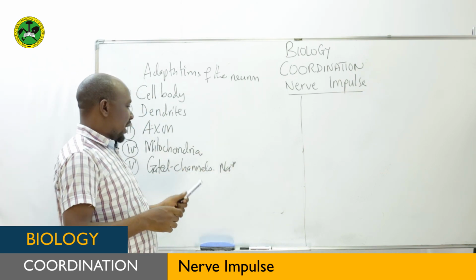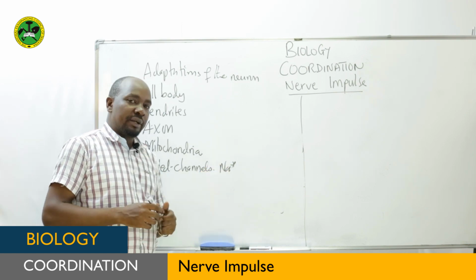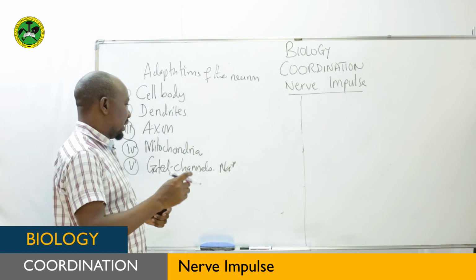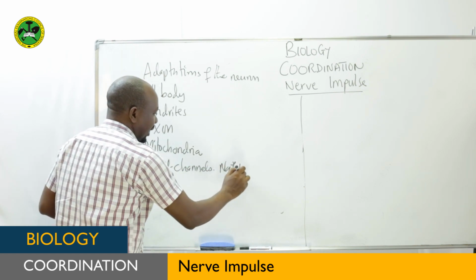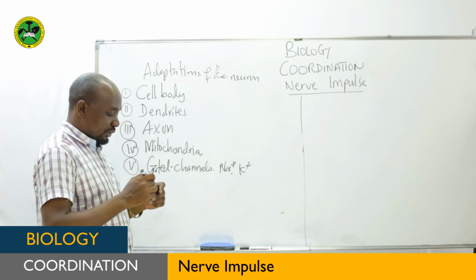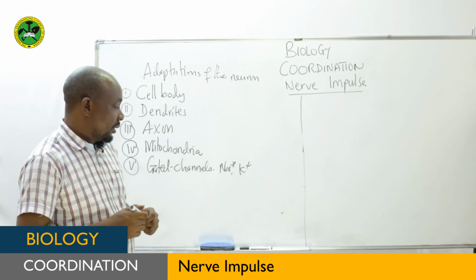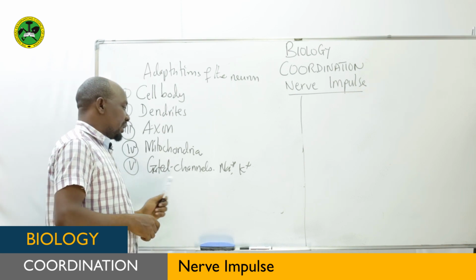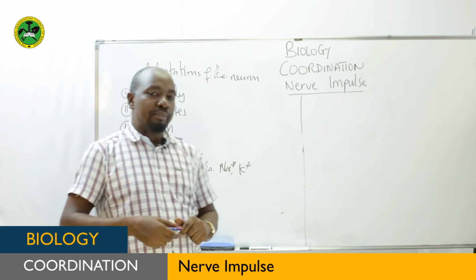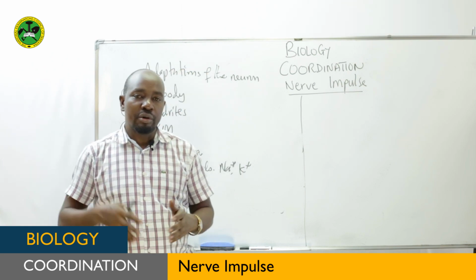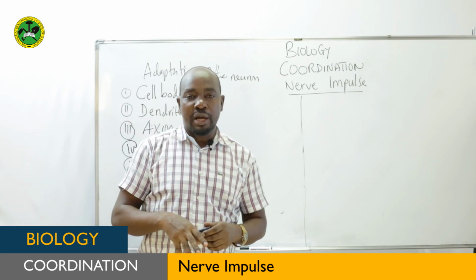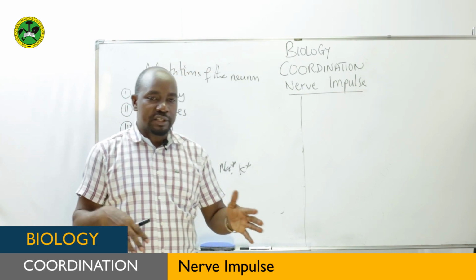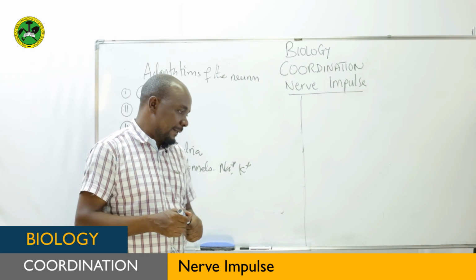The sodium ions tend to pass into the axon membrane and outside. There are also potassium gated channels and chlorine gated channels. So these channels act as the pathway or the route through which the ions pass during the transmission of the nerve impulse.